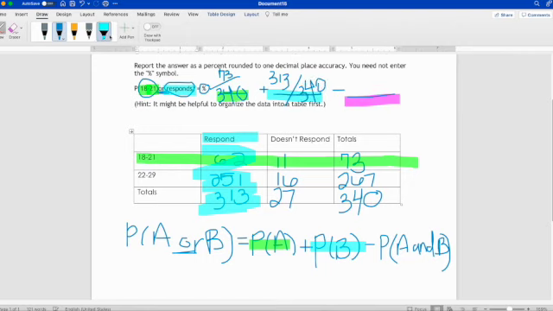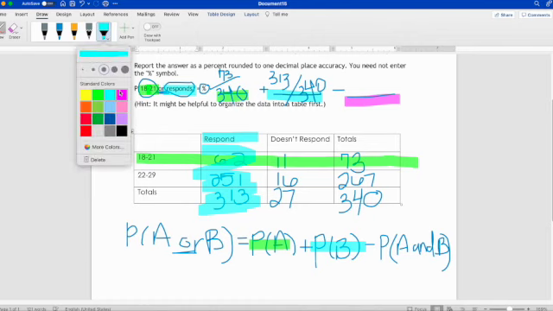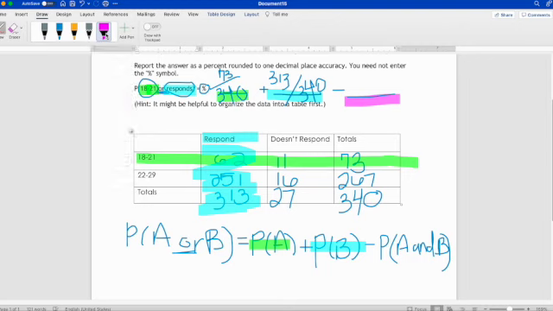However, we just counted one of these groups in this table twice. It's where they overlap. When I counted the group that had the ages of 18 to 21, I counted this 62. But then when I counted the responding group, I counted that 62 again because I counted this way.